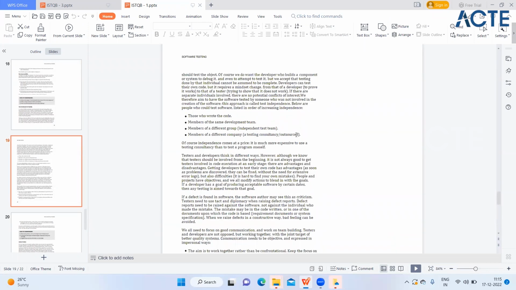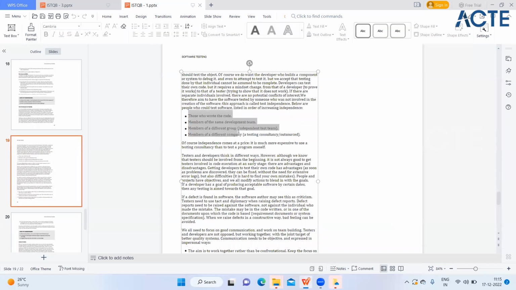So, team, you just have to remember these key points here, in terms of independence of testing, or the psychology of testing: who has the more independent authority. You have to remember it in this sequence only.